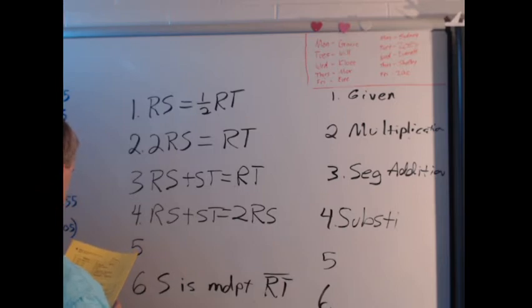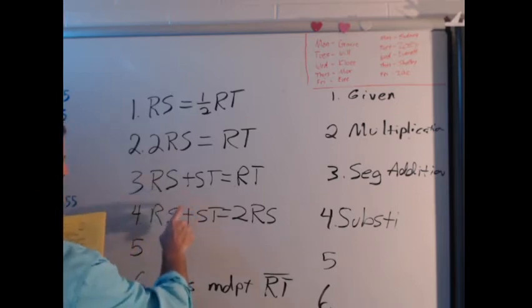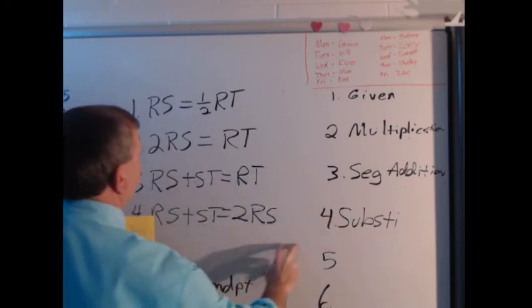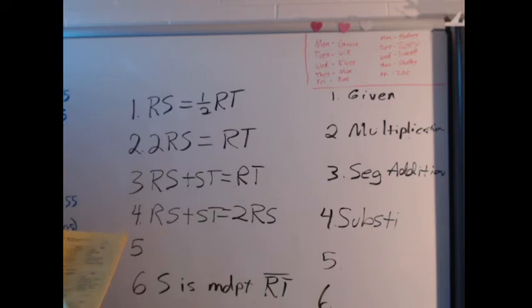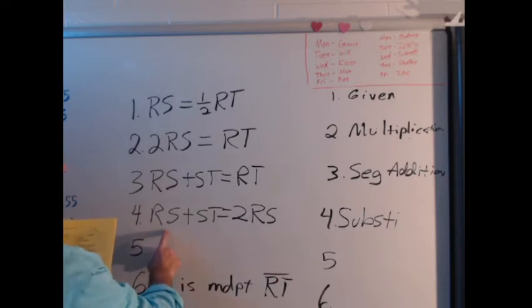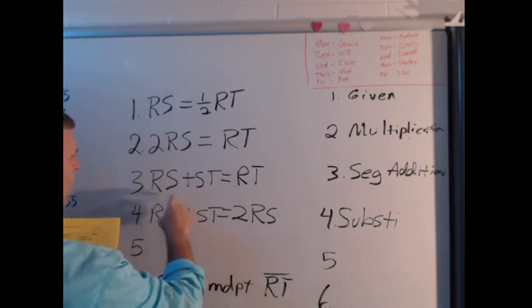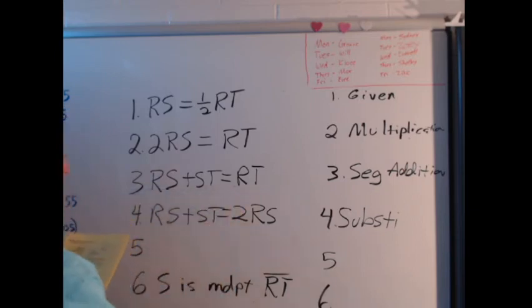And the reason why I can say that is that if I take ST away from both sides, I'm back to where I was: RS equals 2RS, RS equals RT.